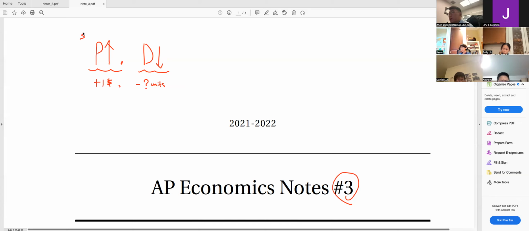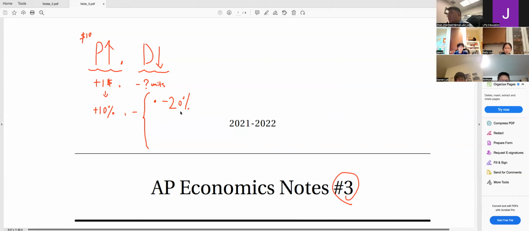If the initial price equals $10 and the price has been increased by $1, that means the price has increased by 10%. Accordingly, we want to ask what is the percentage decrease in the quantity demanded? My first example: if a price increased by 10% and the quantity demanded for the product lowered by 20%.